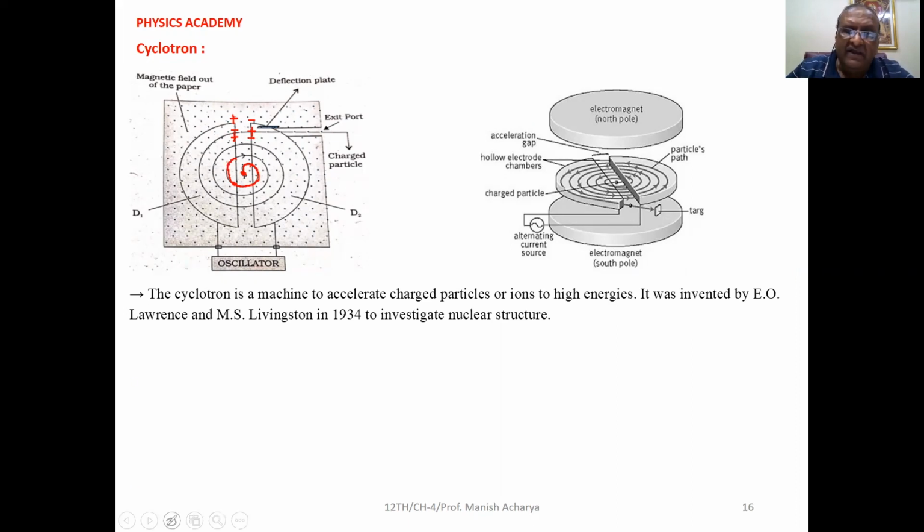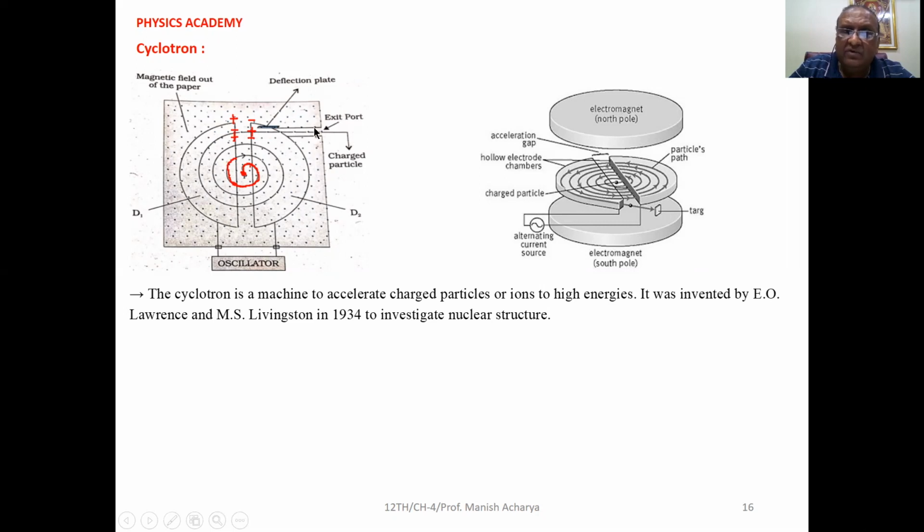And finally, when it becomes highly energetic and is revolving very close to the wall of the Ds, then using this deflection plate, an external magnetic field is applied on it, its path of motion is changed and it is taken out from the exit port.